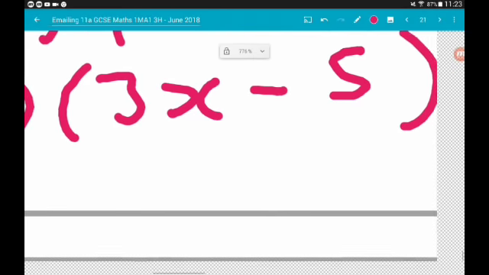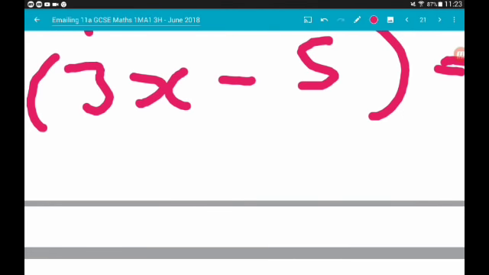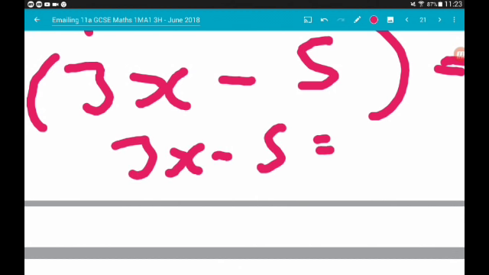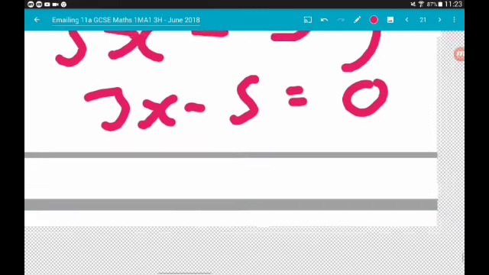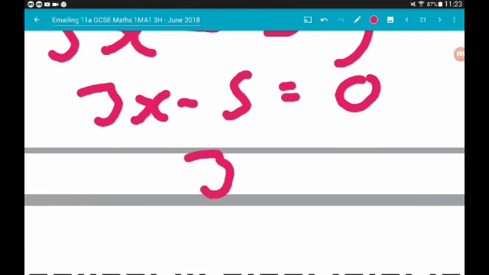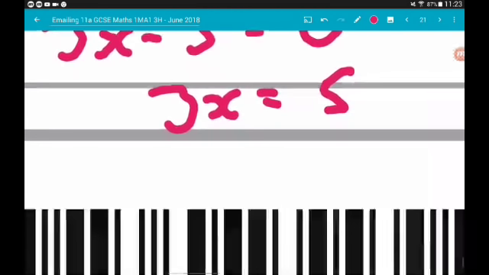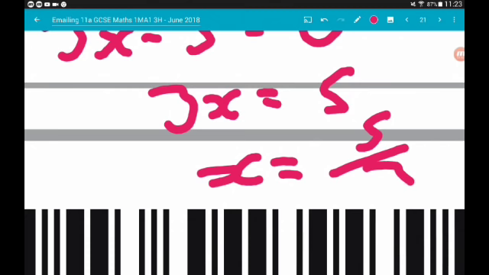So the other bracket, this would be telling us 3x minus 5 is equal to 0. Add 5, 3x is equal to 5, divide by 3, x is equal to 5 over 3, 5/3, so that is our answer.